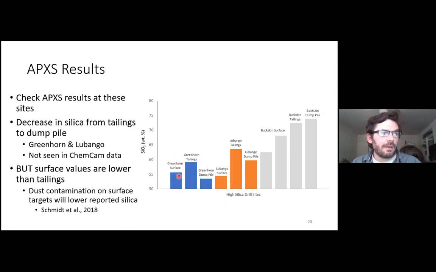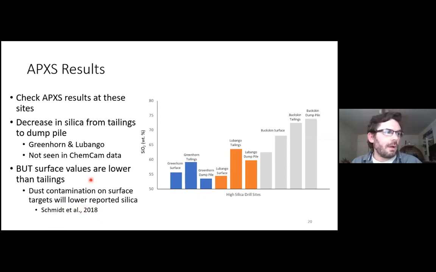Unfortunately, their surface values are lower, and in this case much lower than the tailings. But the one thing we already knew was that dust contamination on the surface of these sites can lower reported silica values. Unfortunately, this research was unable to provide a corrected value for these sites for several reasons.